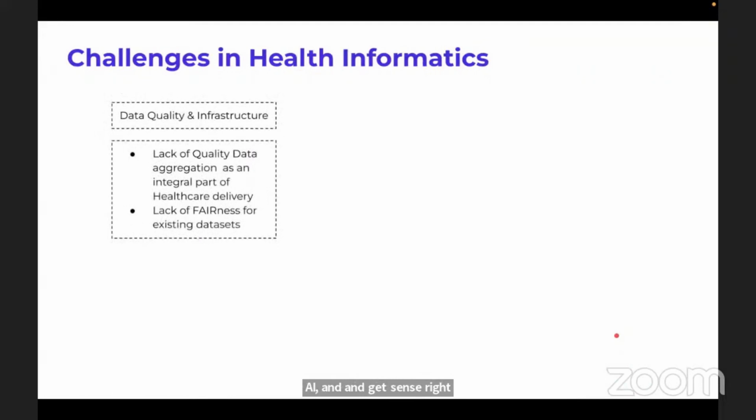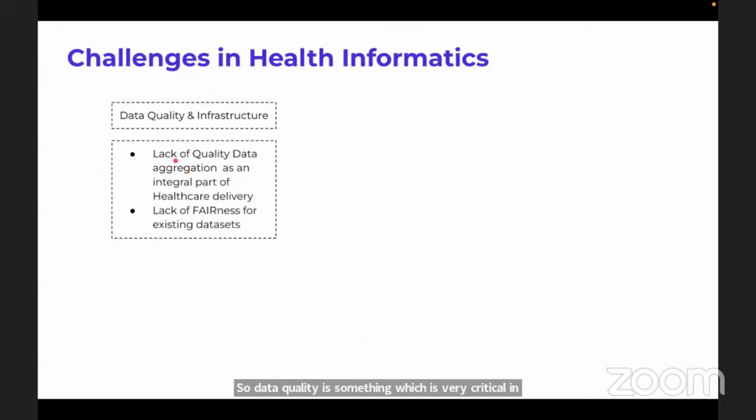So now the challenges. As you know, the more the problems, the more diverse the data field, the more the challenges. And the first challenge, which is a very big thing, is data quality and data infrastructure. So data quality is something which is very critical in health informatics.